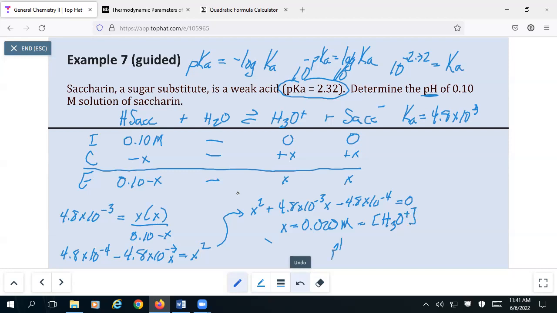So the pH is equal to the negative log of the hydronium concentration, which is 0.020. And 2 sig figs going into the log means 2 decimal places coming out. We get a pH here of 1.70.